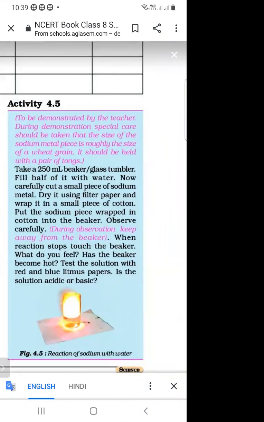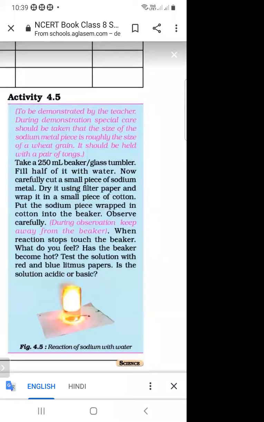And what is the observation? When the reaction starts, touch the beaker. What do you feel? When we touch the beaker, it becomes hot. Why does it become hot? Test the solution with red litmus paper. Is the solution acidic or basic?